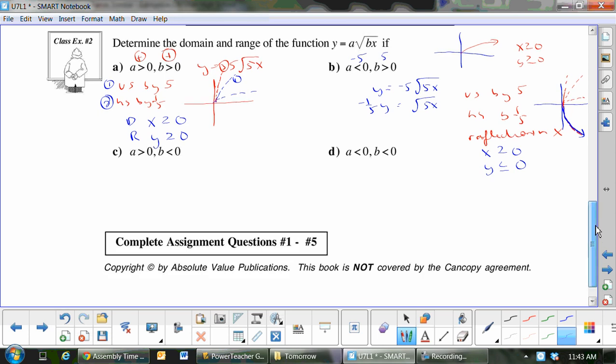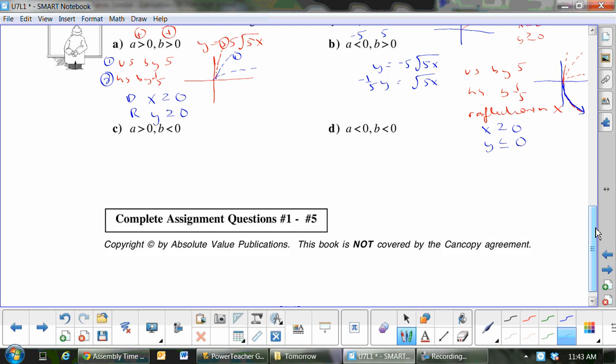So let's just do these last two. If A is positive and B is negative, so that's positive 5, that's negative 5. So y equals 5 root negative 5x. Right away, students go, you can't do it because there's a negative underneath. Whew, that was an easy one, okay? And they have that answer there for you, okay? But hey, if x is negative now, do you see how negative times negative 5 will be positive?